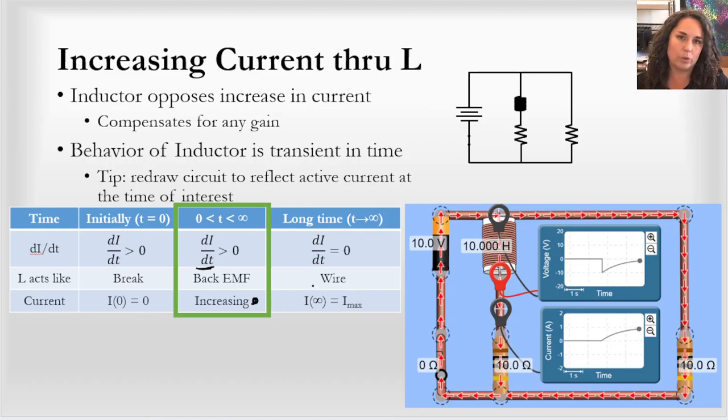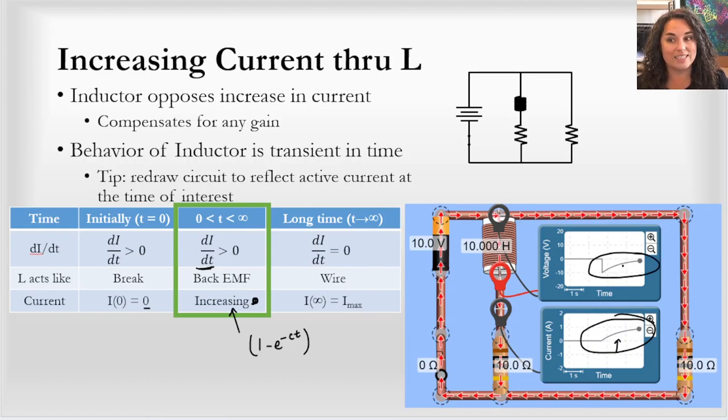It's an increasing current through that inductor. The battery's winning, basically. The inductor doesn't have enough ability to keep the current being 0, so we will get a current going through that inductor, and you can see that here. It's an exponentially increasing current. So it's going to increase exponentially, 1 minus e to the negative constant times time, right? And what we're seeing is that the voltage over the inductor is decreasing.